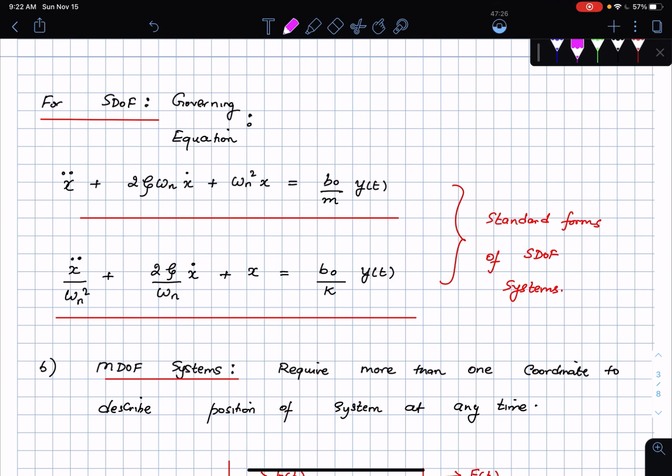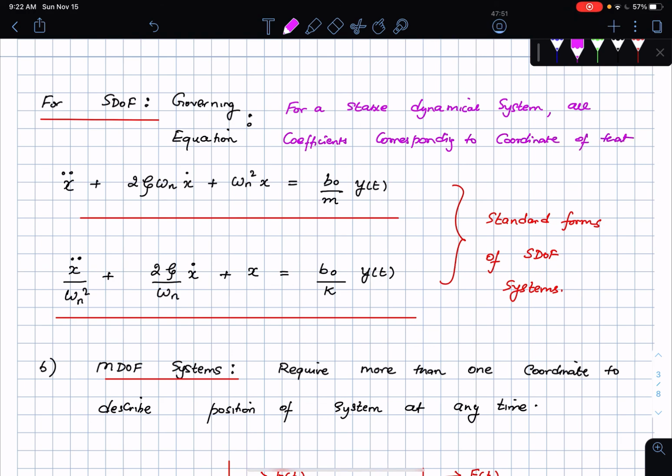For a stable dynamical system, all the coefficients corresponding to the coordinate of that mass are positive.